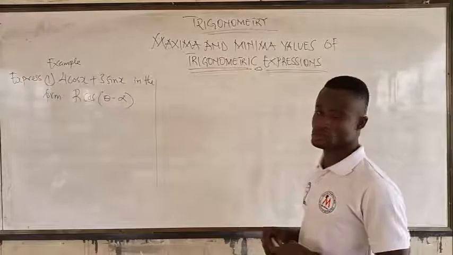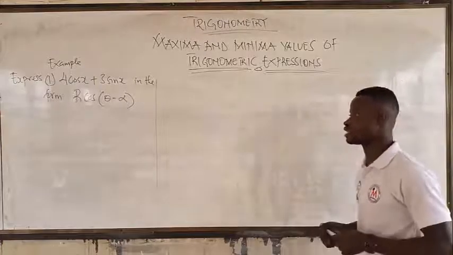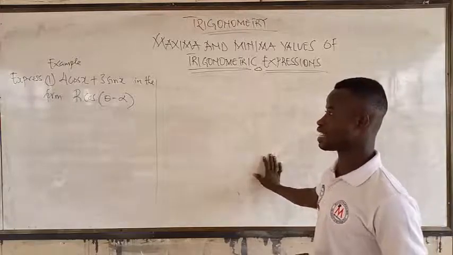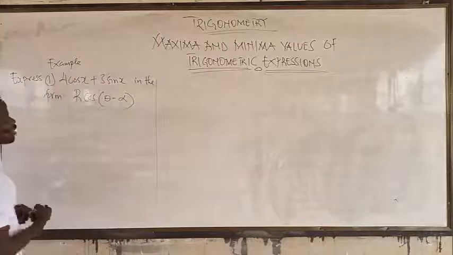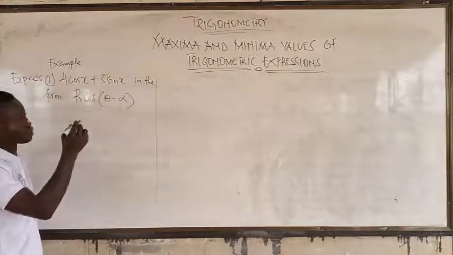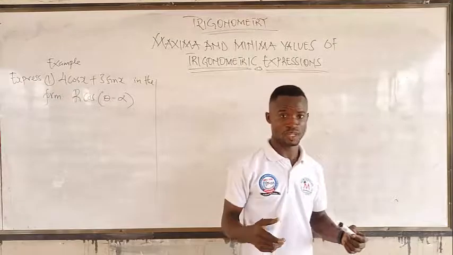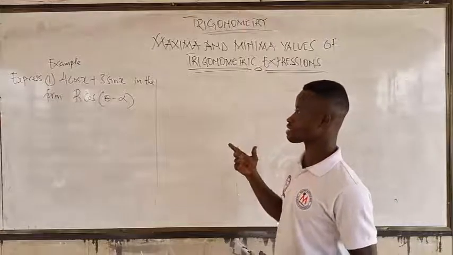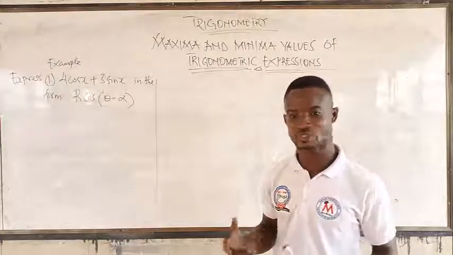Now we have been restricted here to use r cos theta minus alpha. So let's go for it as such. In fact, I would like to solve it two ways for you.